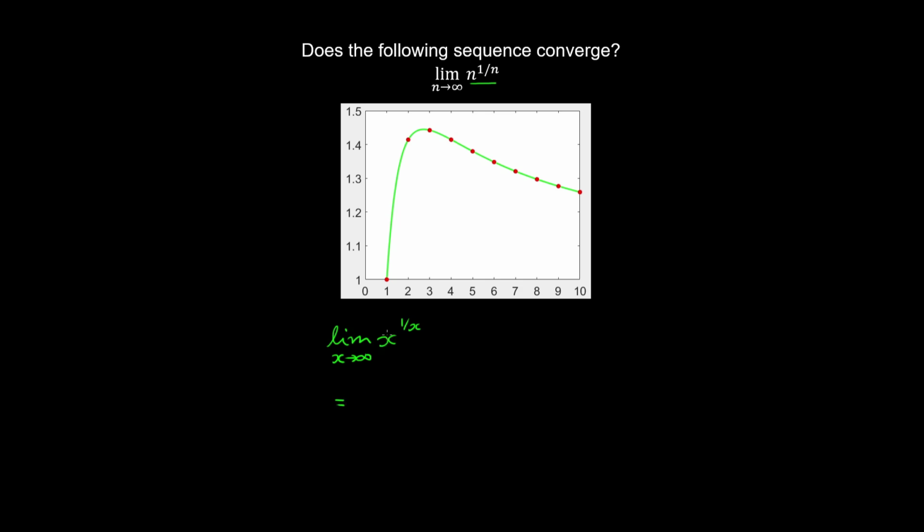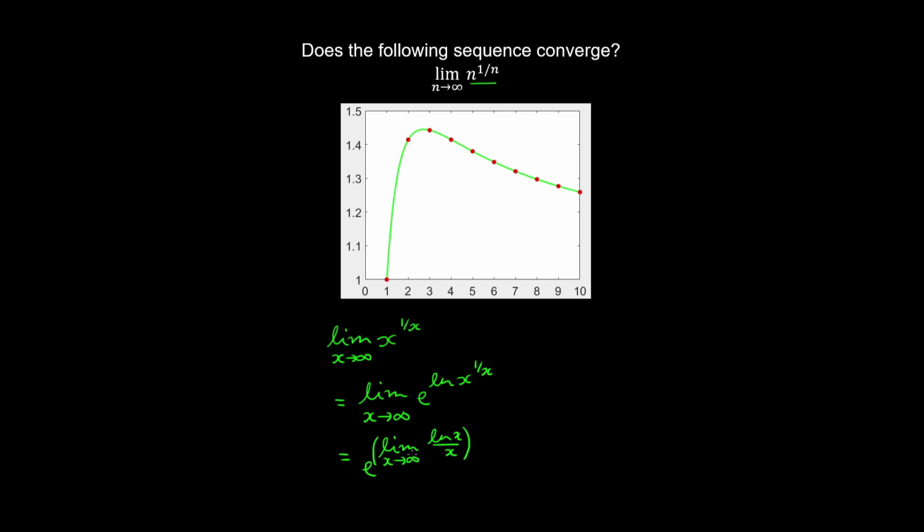So if we take e to the power of the natural log of the function, we obtain the following result. And we didn't alter the function. And due to the continuity of the exponential function, we can take the limit inside that exponential function. And applying rules for logarithms, we can write the natural log of x on x.